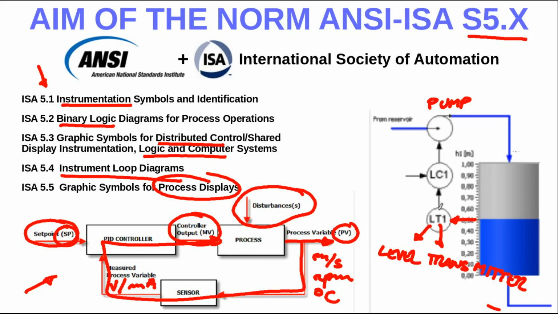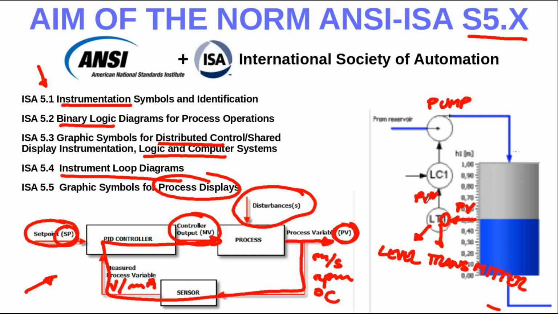Because this element, the LT1, is the sensor, the number will be explained later on in the next slide. But this element is a sensor which measures a general PV, this PV, into an electrical PV, this PV, okay?